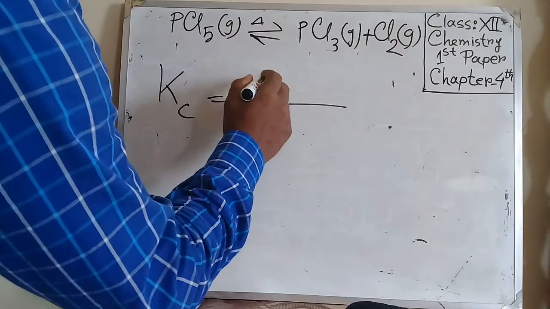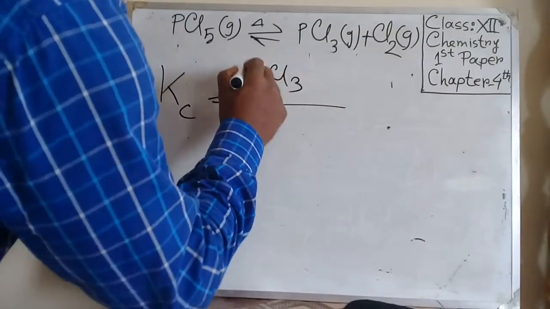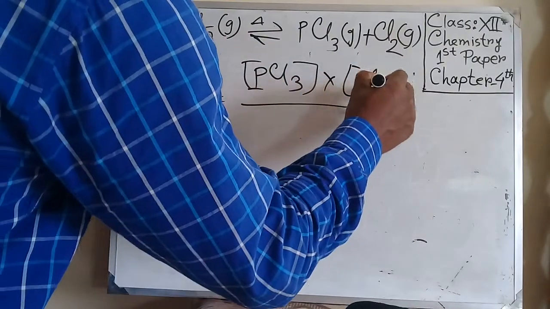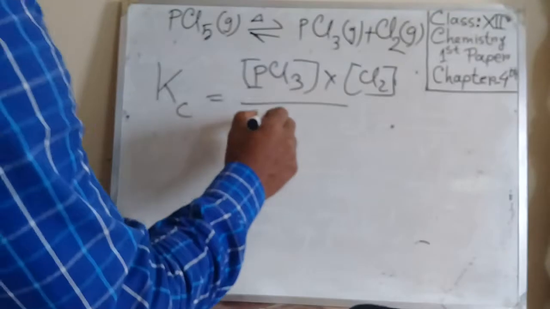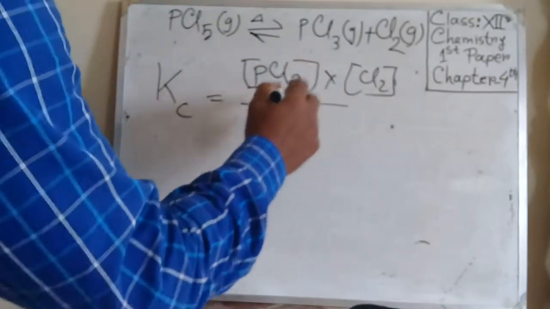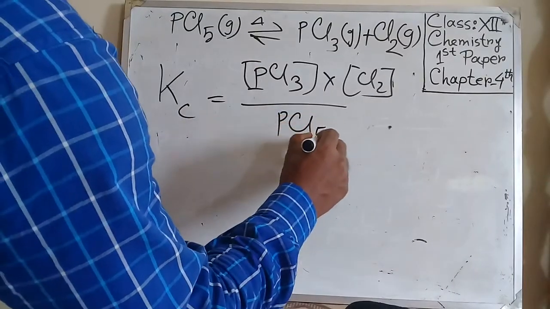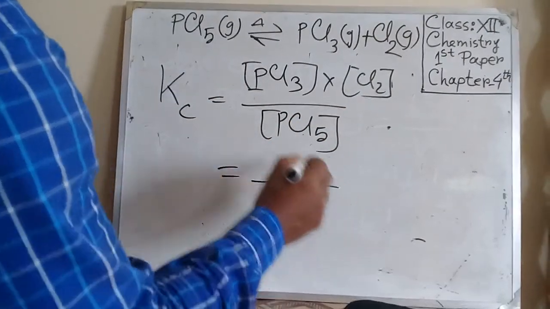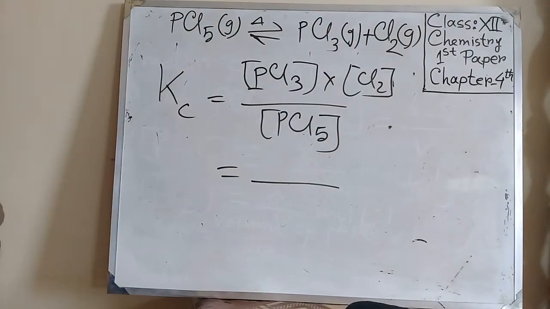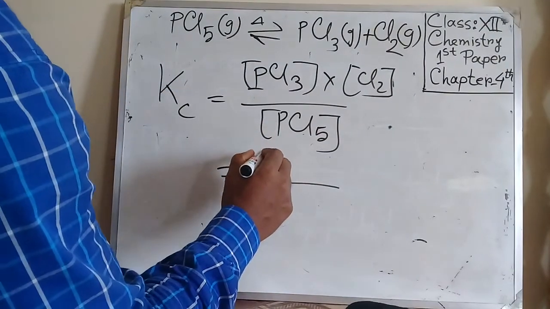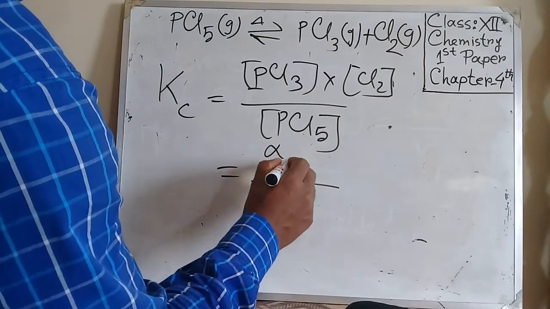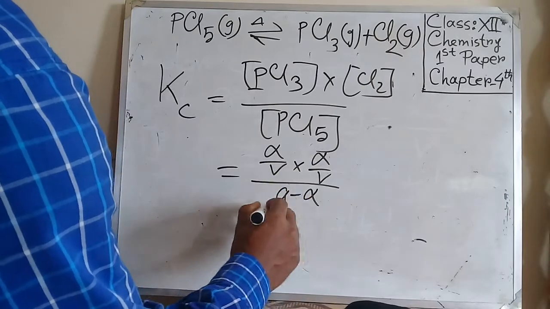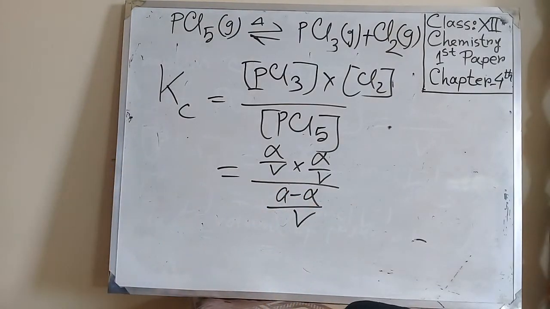So the concentration of phosphorus trichloride and the concentration of chlorine are the numerator, and the denominator is phosphorus pentachloride. Now we'll put in the values. Already we found the value of phosphorus trichloride: this is alpha by b, and this one alpha by b, and this one a minus alpha by b.